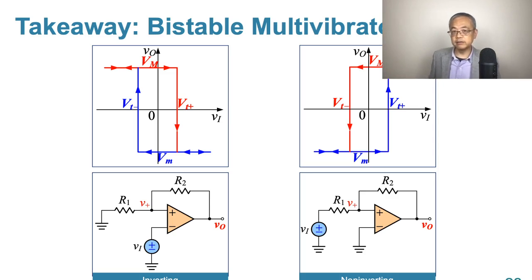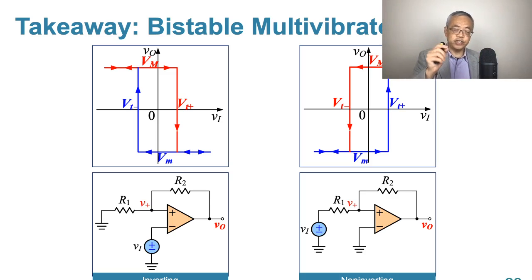And for this one, look at your watch, it's counterclockwise. So for inverting and non-inverting, the threshold voltages are opposite, with clockwise hysteresis on your left for inverting, and counterclockwise on your right for non-inverting. This is the major takeaway of this lecture.